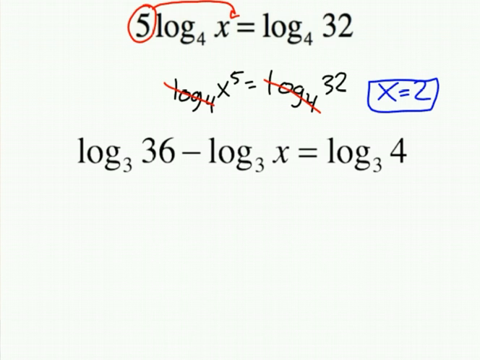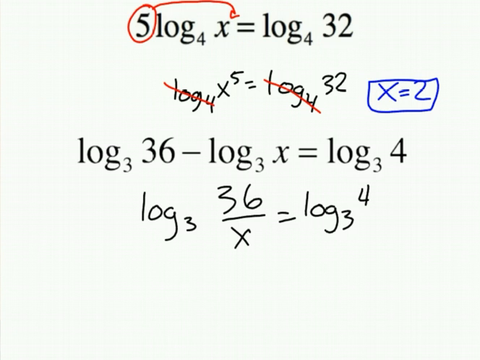Last example would be, again, everything has a log. Very rarely will you see log equals a number with these properties problems. So subtracting logs individually, we said, was the same as dividing them together. And since log equals log, I can remove these log base 3's, cross multiply, and get 9.